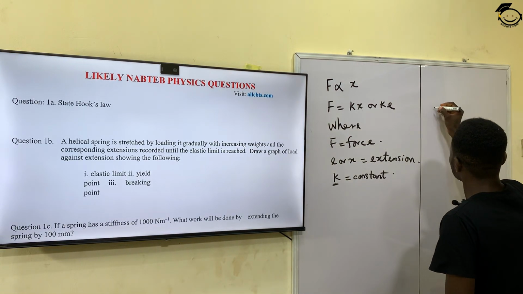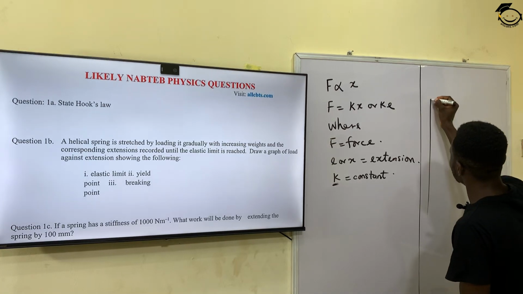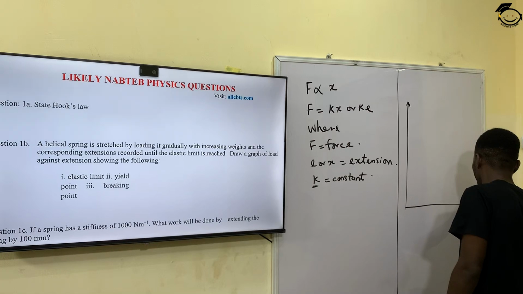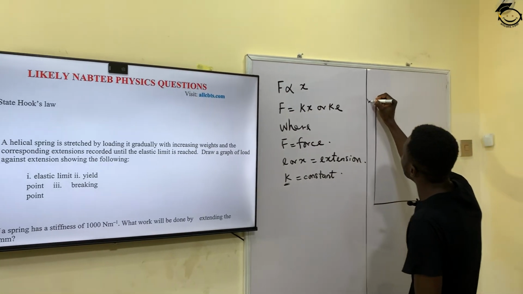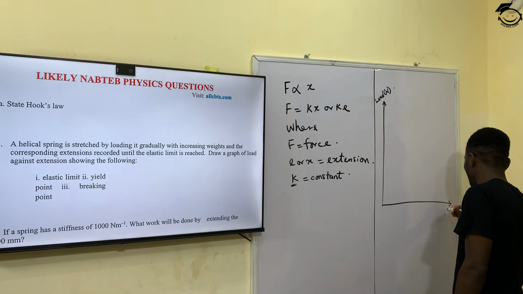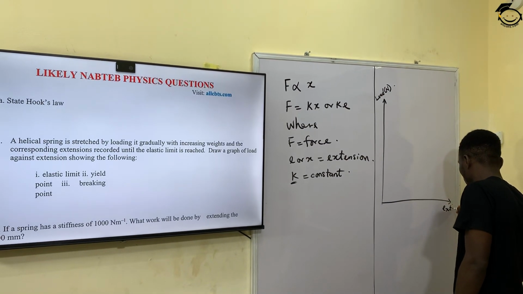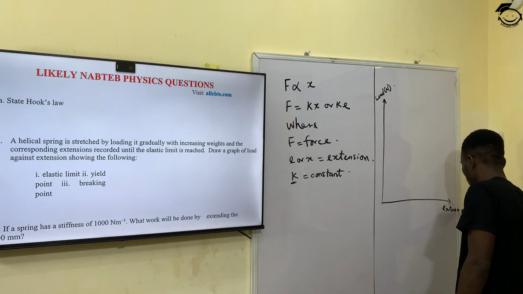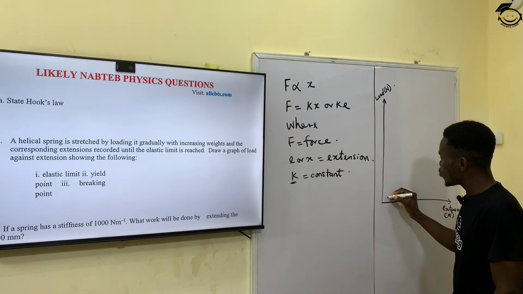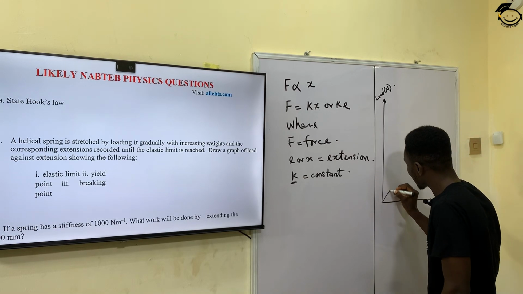So when Sir Hooke did his experiment, he came up with a graph. This is load, measured in Newton, and this is extension, measured in meters or centimeters. So Sir Hooke drew a graph that looks like this.